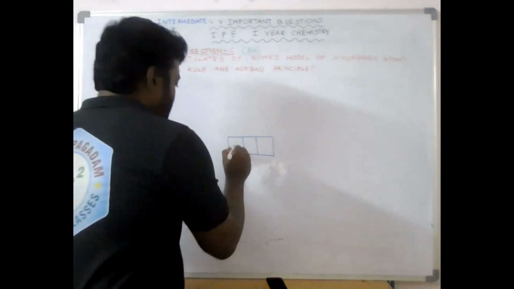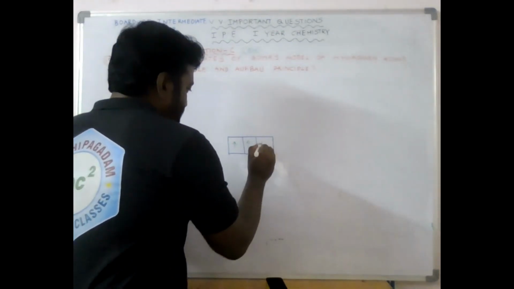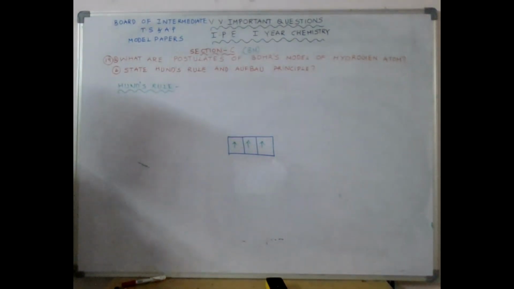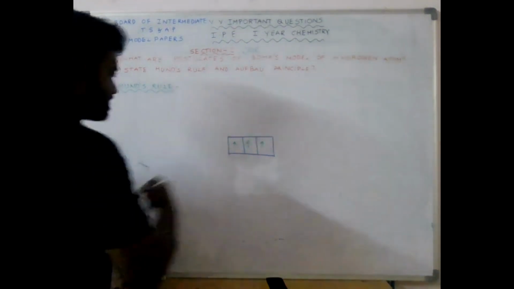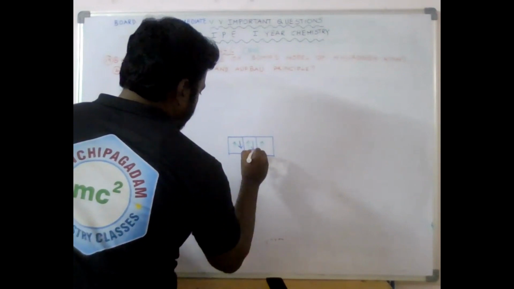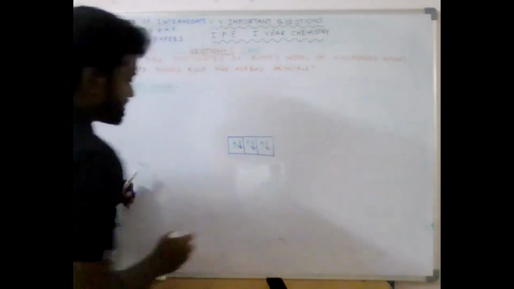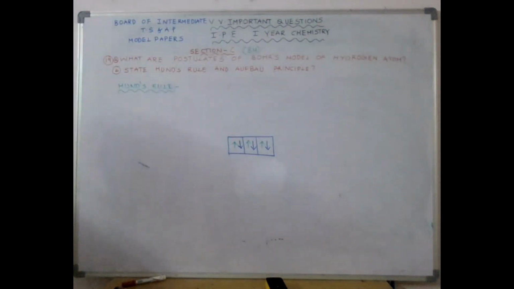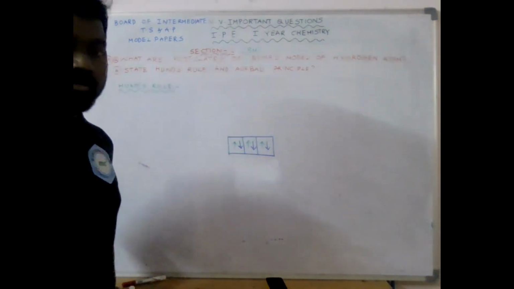Electrons fill like this, 1, 2, 3. So all of them will fill with one electron now, right? Then pairing takes place. Then pairing, 1, 2, 3, total 6. So the pairing of electron takes place after all the degenerate orbitals are filled with one electron each. That is called Hund's rule.